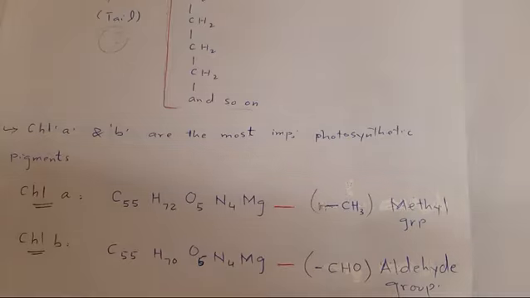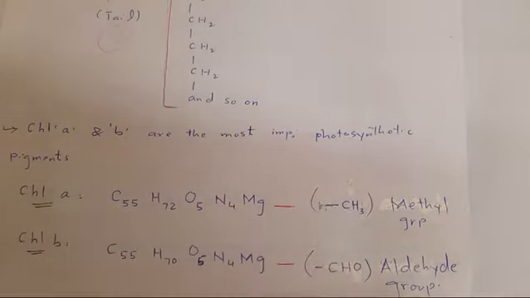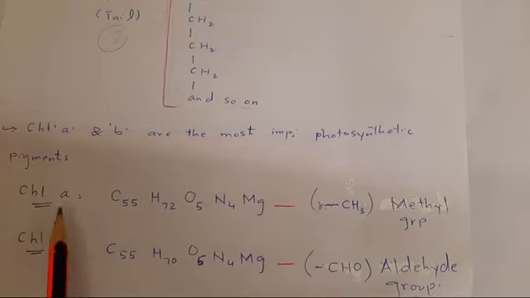Now, chlorophyll A and B are the most important photosynthetic pigments, and the chemical structures of both are well established.